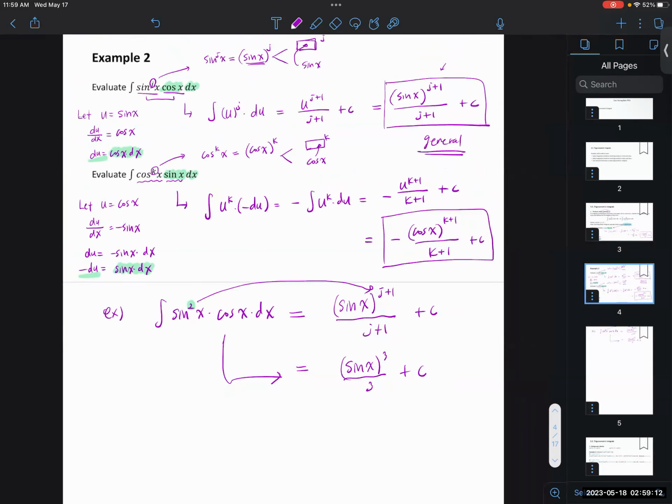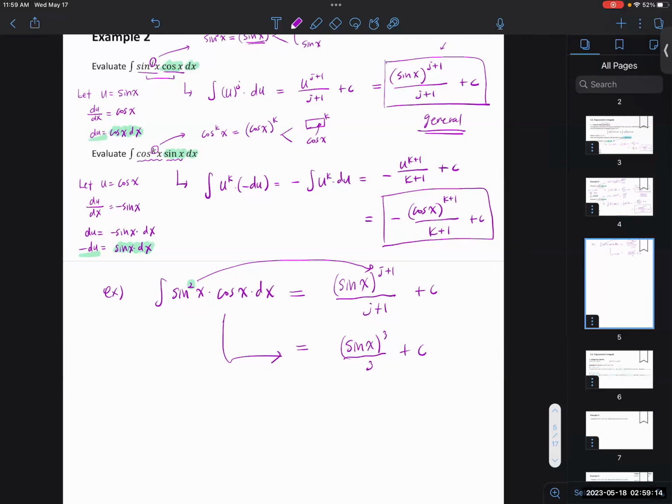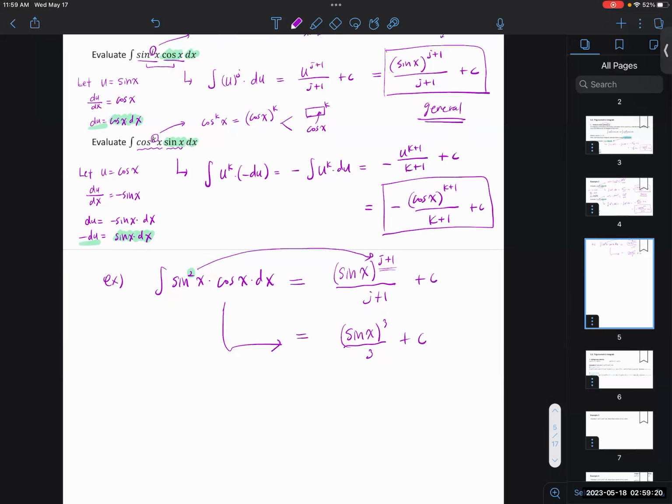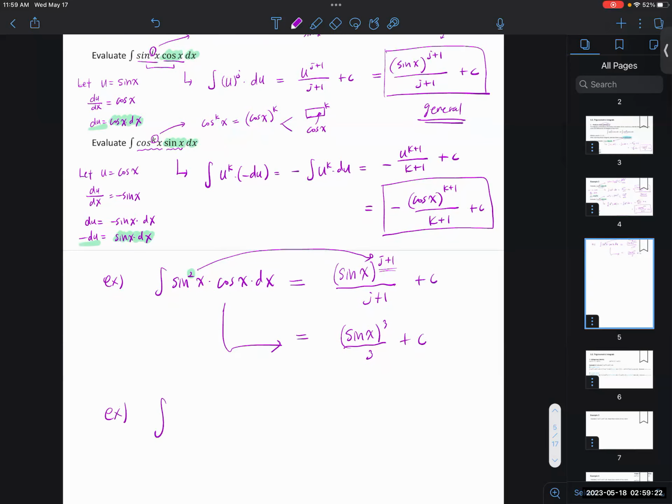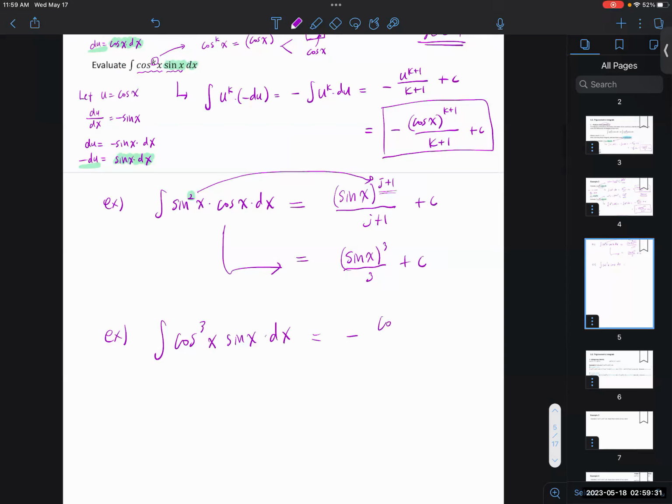Does it make sense? Because we don't know what j or k will be. Now j is 2, so you plug in and you can simplify the answer. Same thing, if I have cosine cubed x times sine x dx, we know that the general form is negative cosine x to the k plus 1 over k plus 1 plus c.